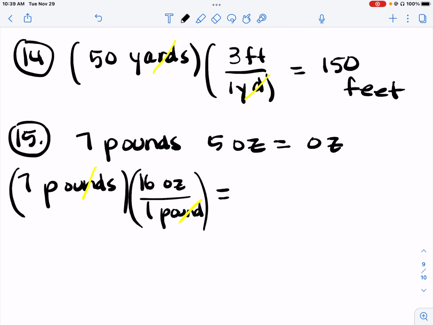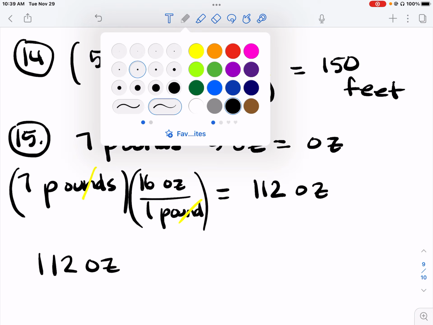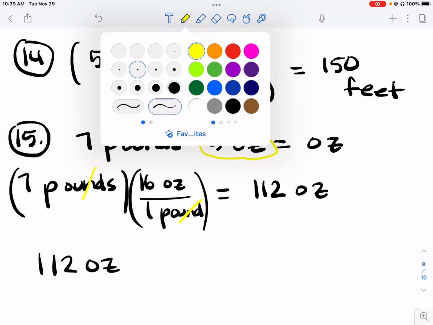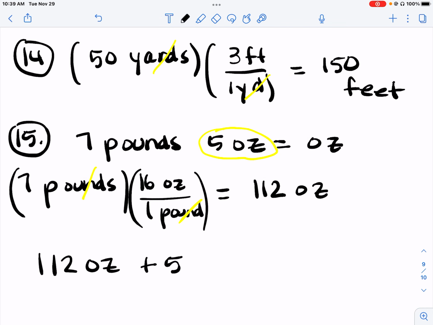Okay, that tells us 112 ounces. But it's 7 pounds and another extra 5 ounces, so we add the extra. The 112 is for the 7 pounds. It's 7 pounds and 5 ounces, so that total is 117 ounces.